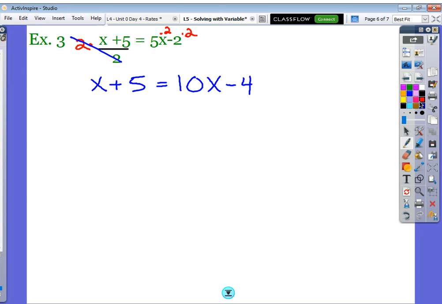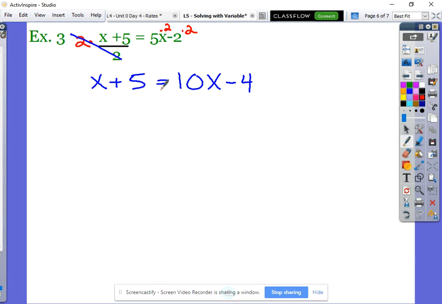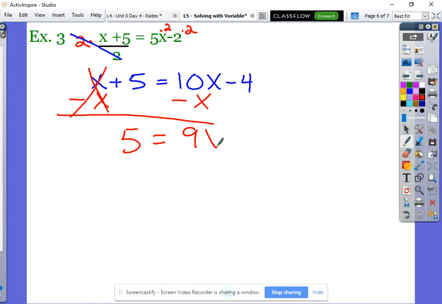And once again, you choose a side for your x. I'm going to bring the x this direction. To make that happen, I subtract x right here and right here. And they cancel out. I'm left with 5 equals 9x minus 4.